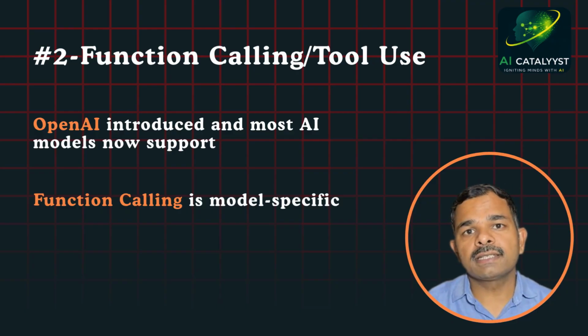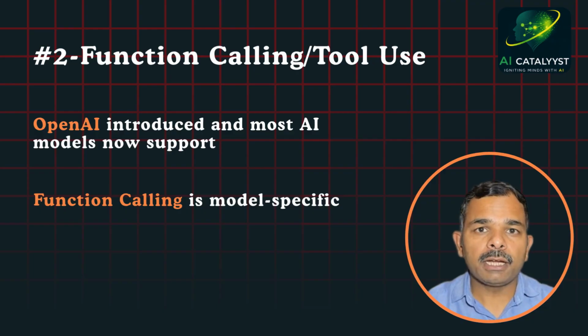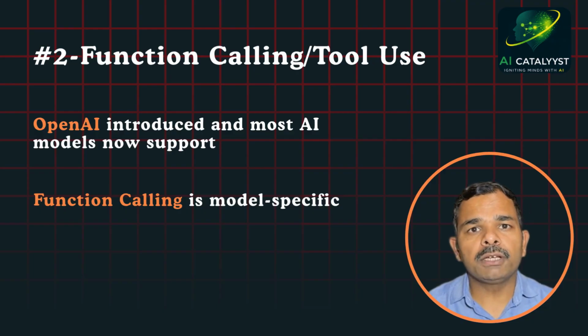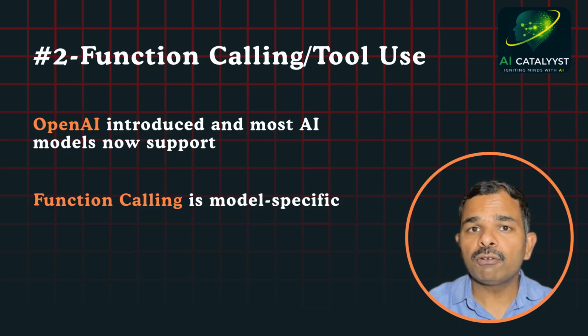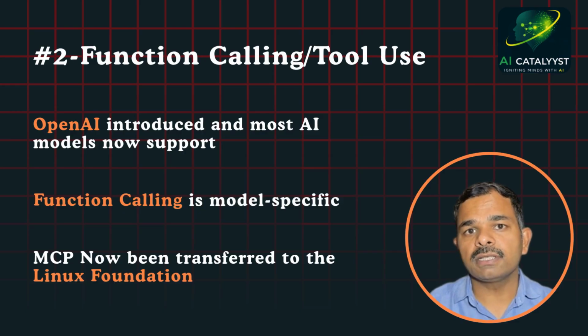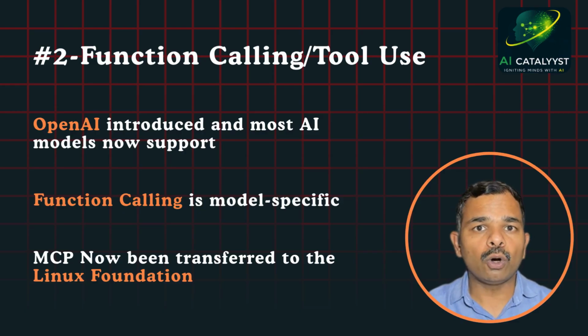MCP has standardized this completely. One tool definition on an MCP server works with all AI models that support MCP. And now OpenAI, Anthropic, Gemini, DeepMind, all major AI players have accepted this as a standard. And now it has been transferred to the Linux Foundation, which means it is now a pure open standard owned by nobody and available for everyone.